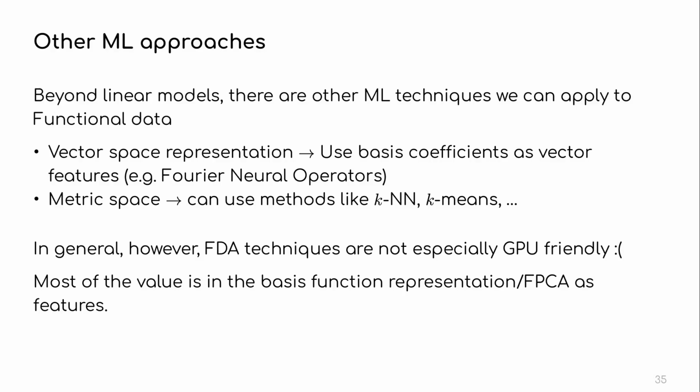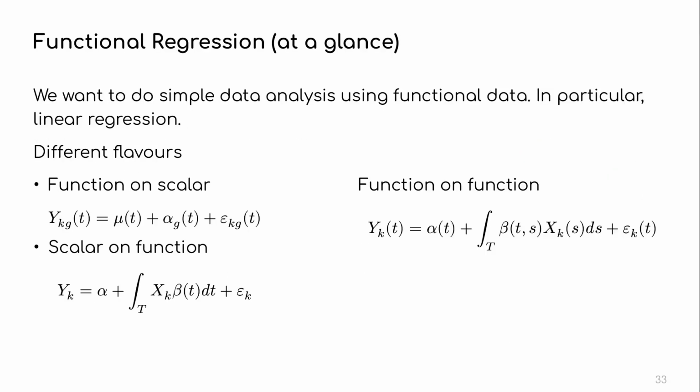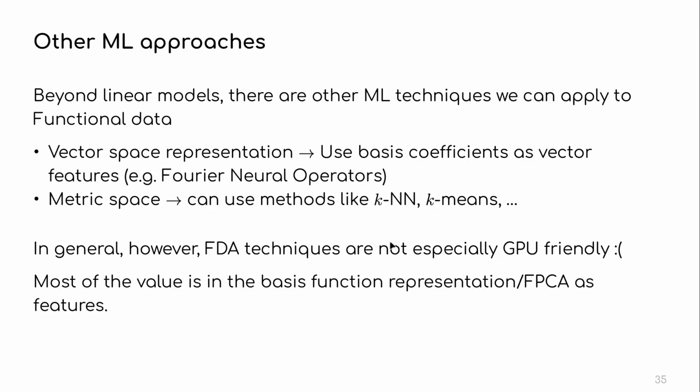Do note that in general, however, if you want to do other FDA techniques like this in a neural network, it's not going to be so nice, because these FDA techniques, like computing integrals and so on, are not especially GPU friendly. At least as far as I know, there are very few GPU implementations for this stuff, and even if there were, it wouldn't be especially efficient. It's the bitter lesson: you need something that efficiently uses your compute.